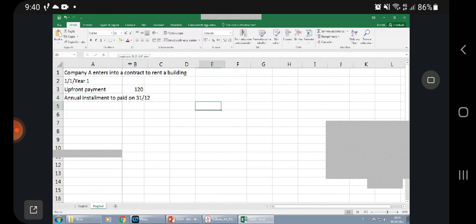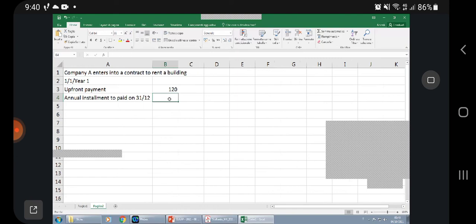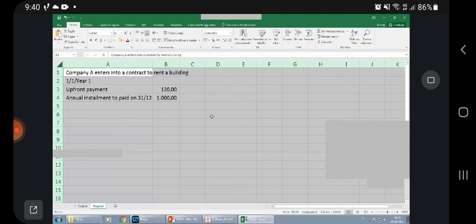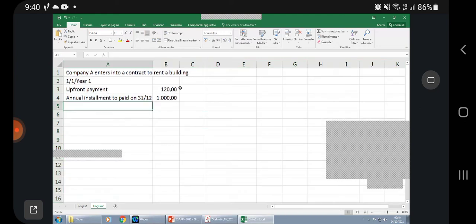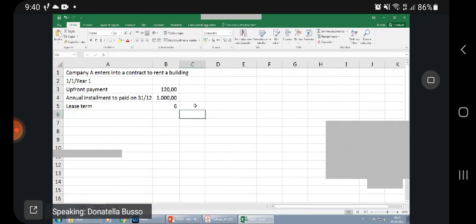For example, of 1,000. Lease term is 6 years.